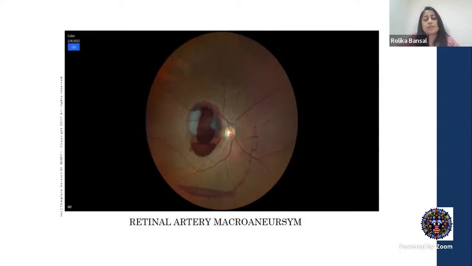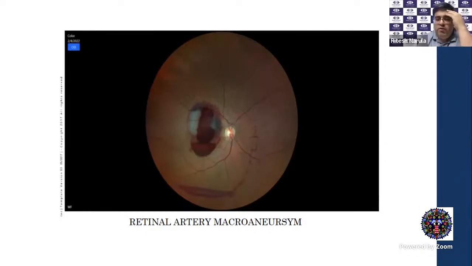Okay, so Dr. Soni has asked why nerve fiber layer hemorrhages are more in the peripapillary area. Interesting question, but I really don't have an answer to it. Ritesh, would you like to comment? Yeah. Obviously, one will have to cross-check this, but the chances are that in hypertensive retinopathy, probably we are getting more central or larger vessels involved, which are there in the peripapillary area.